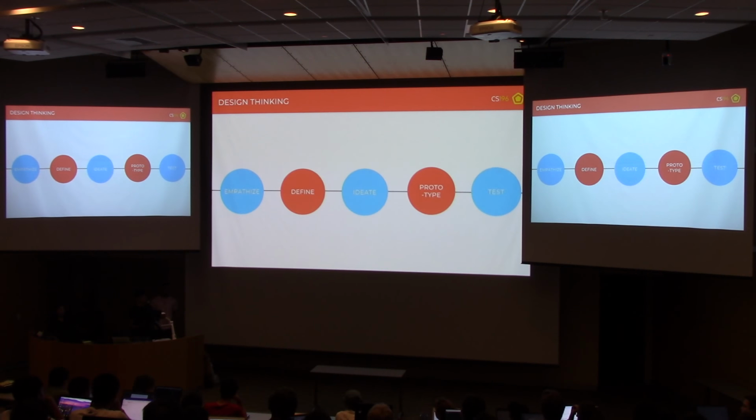The second step is define. Defining a problem is a lot harder than you think it is. I'm actually going to correct myself. It's defining the right problem. If you look at any area, let's say you look at how a doctor works on a day-to-day basis, right? A doctor might be facing a lot of problems in their day-to-day basis of how they work, how they interact with patients, or just how they go about their day, right?